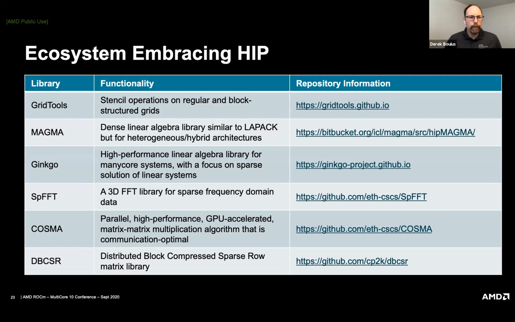MAGMA is another library that's used in a lot of HPC codes. Ginkgo is popular for linear algebra. Of course, there's FFTs and other high performance and accelerated matrix math libraries that are being ported to support the AMD hardware through the HIP interface.